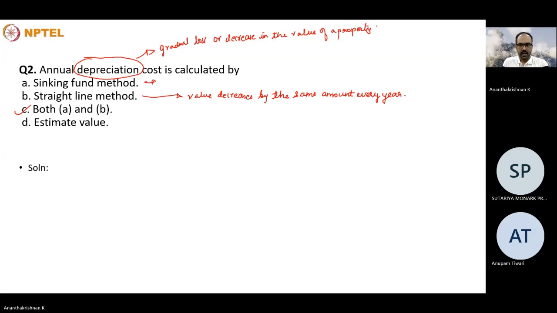This annual sinking fund plus the interest is considered as the depreciation amount. We can estimate it by using an equation.